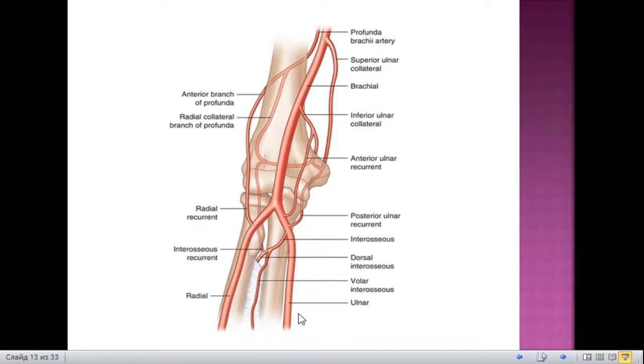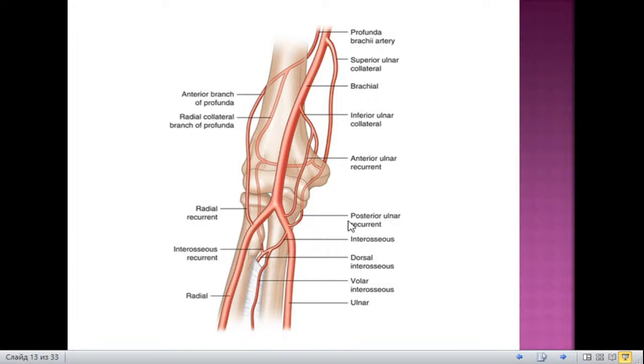What happens with the ulnar artery? The situation with the ulnar artery is more complicated, but it is interesting. Firstly, the ulnar artery gives off the recurrent ulnar artery, which divides into 2 branches, the anterior and posterior ulnar recurrent arteries.